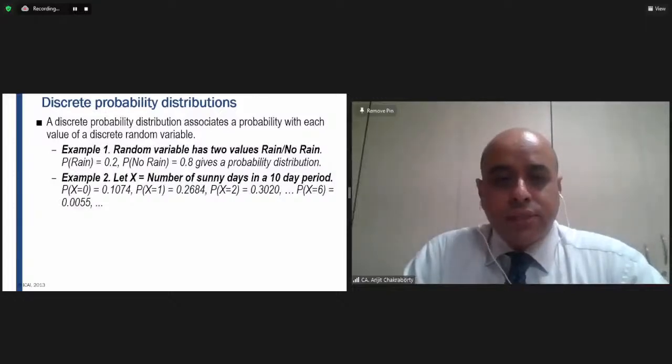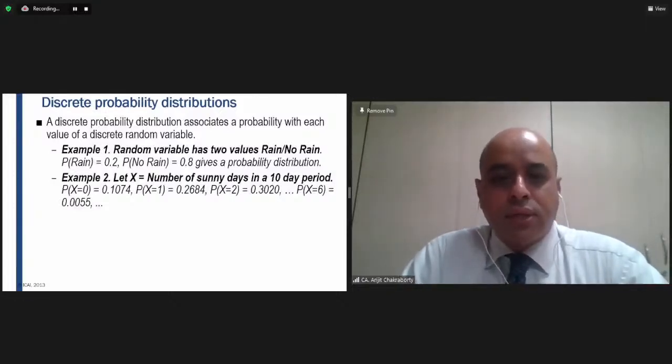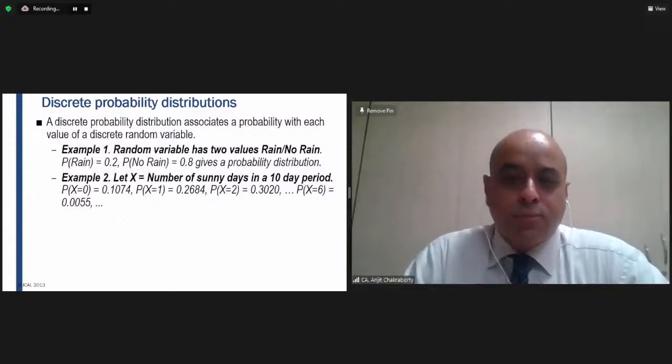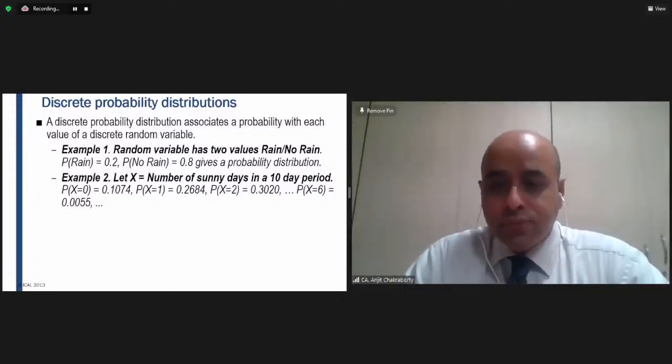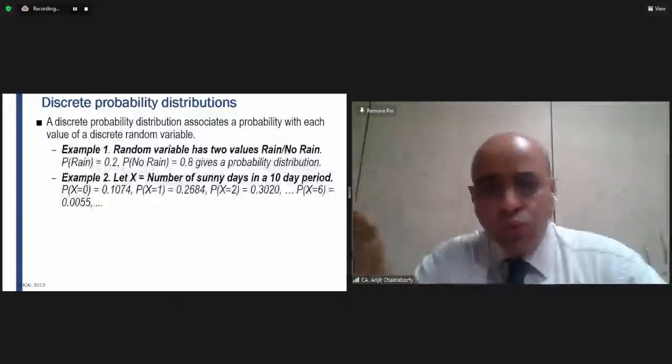Then the next example, number of sunny days in a 10-day period. You can find out the number of sunny days in a 10-day period. Maybe the probability of getting 0 sunny days is, say, 0.1074. The probability of getting x equal to 1, that is 1 sunny day out of 10 days, say it is 0.2684. In this way, you can measure the probability of the event: 0 events, 1 event, 2 events.